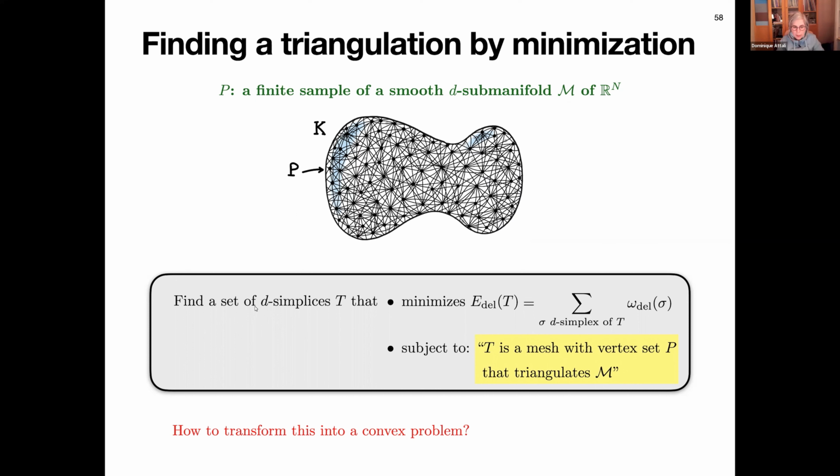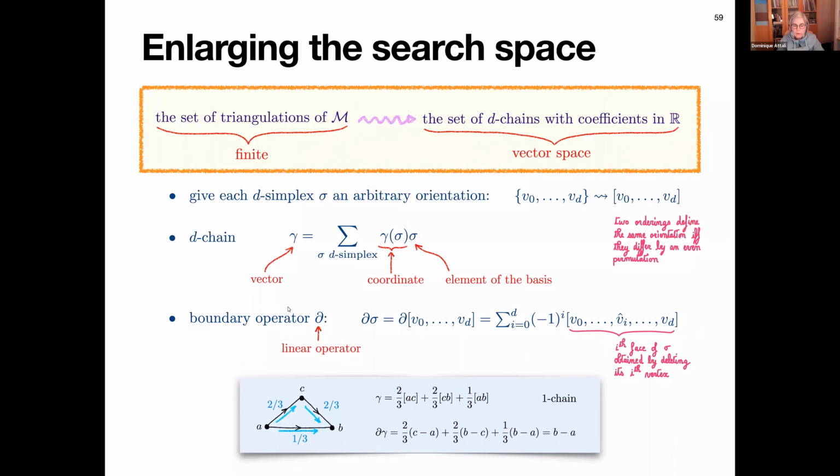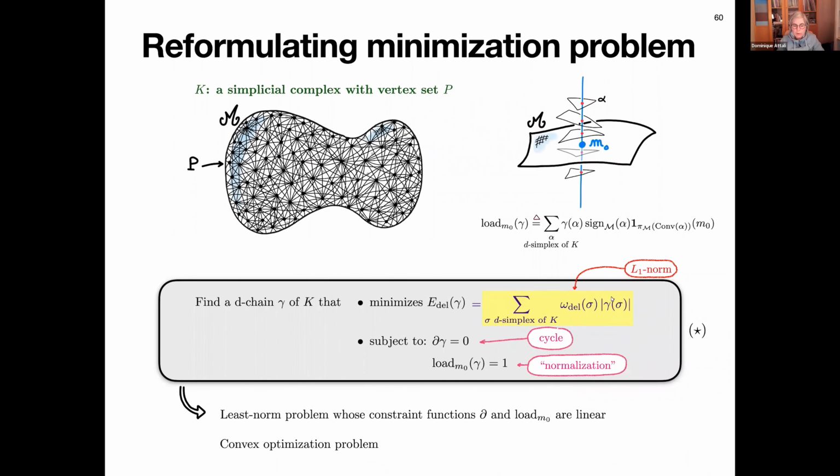And what we want to do is to find the D chain gamma that minimizes the Delaunay energy computed with an ℓ1 norm, subject to the constraint that this D chain gamma is a cycle and also satisfies some normalization constraint.